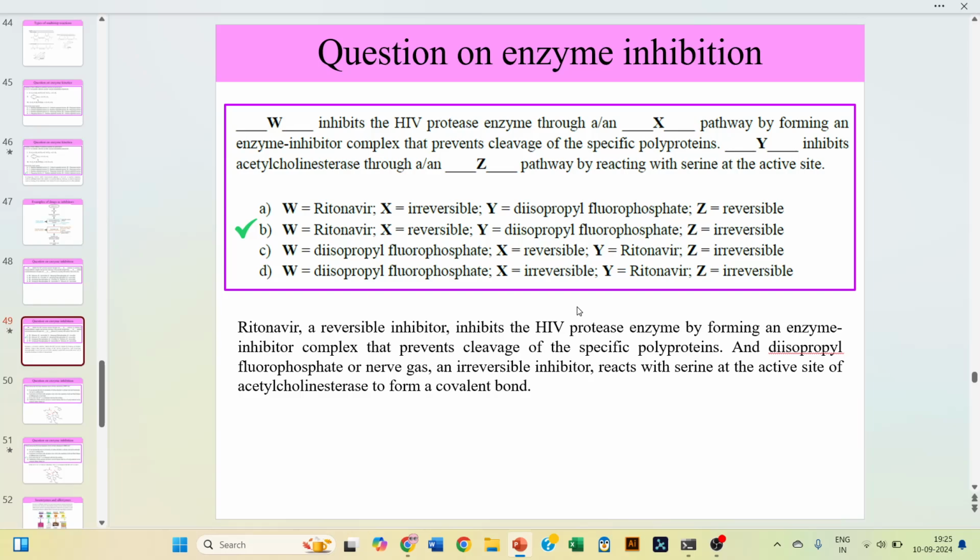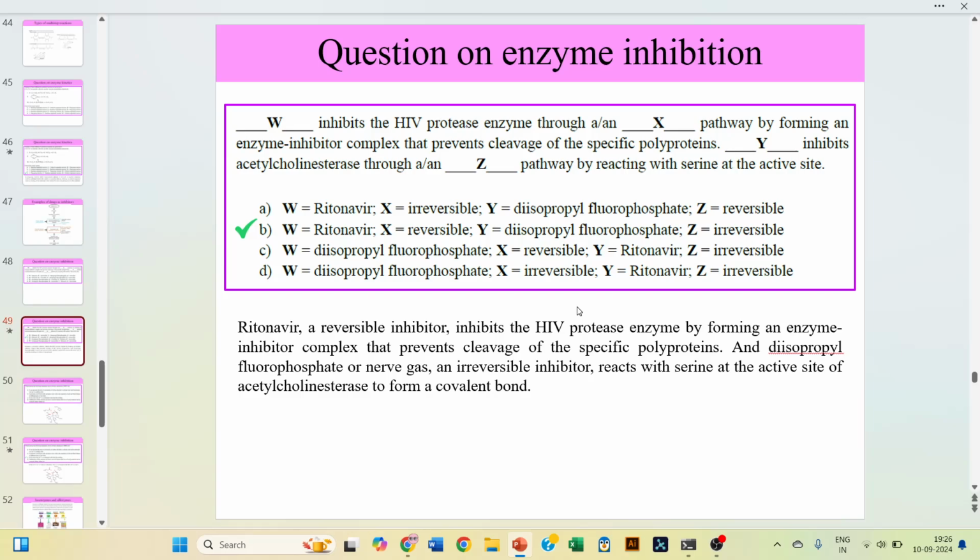Okay. So the right answer is B. Ritonavir is a reversible inhibitor and it inhibits the HIV protease enzyme by forming an enzyme inhibitor complex and prevents the cleavage of the specific polyproteins.